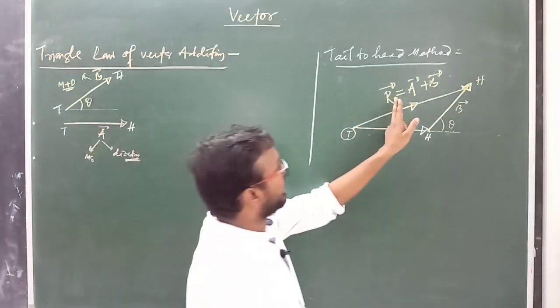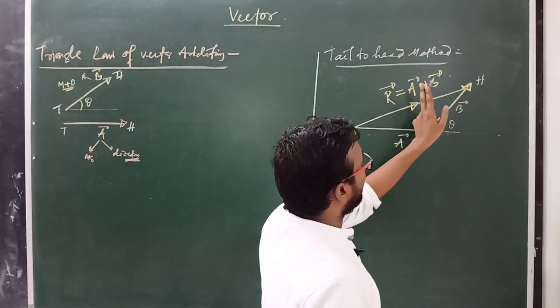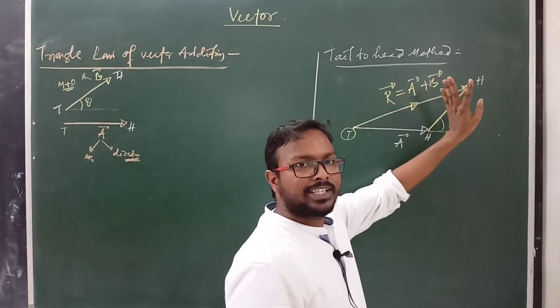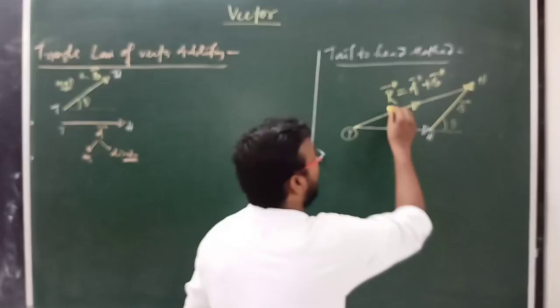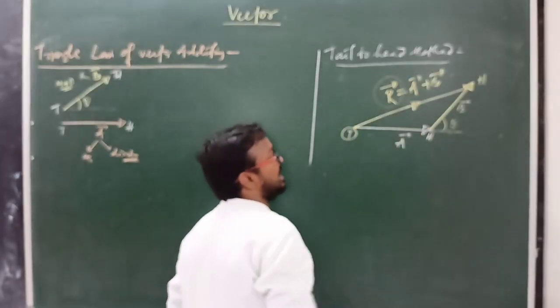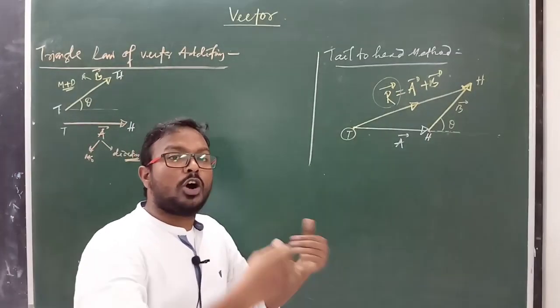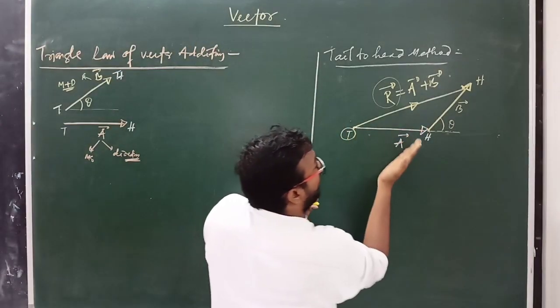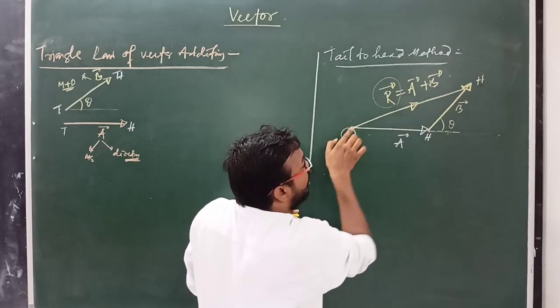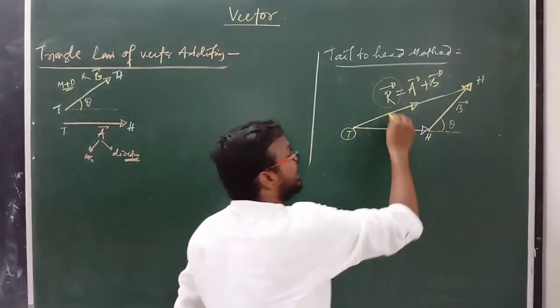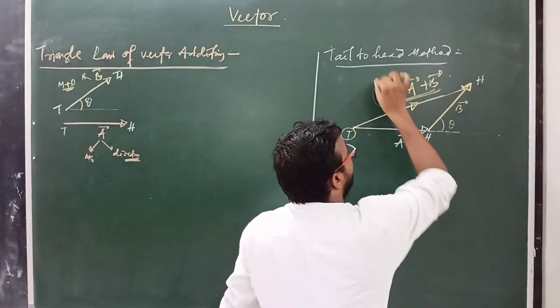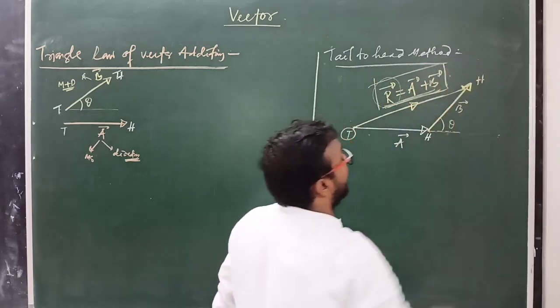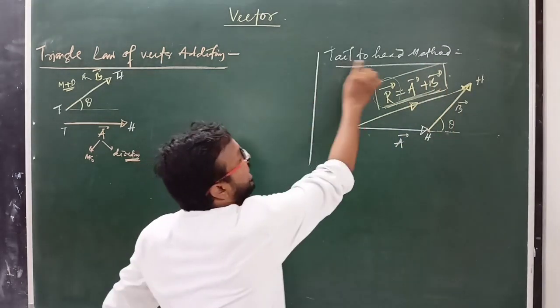Clear? R vector equal to A vector plus B vector is known as the resultant vector, and its direction is always opposite in order to A and B. This is known as the tail to head method.